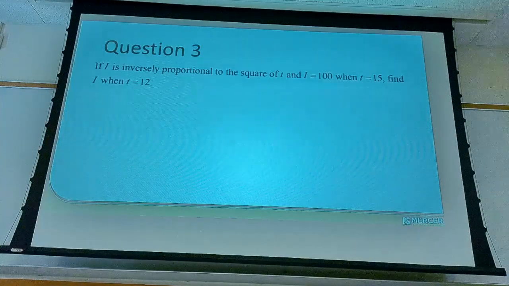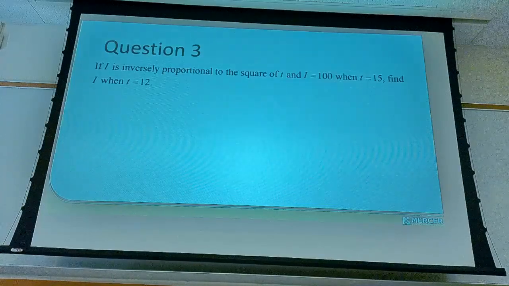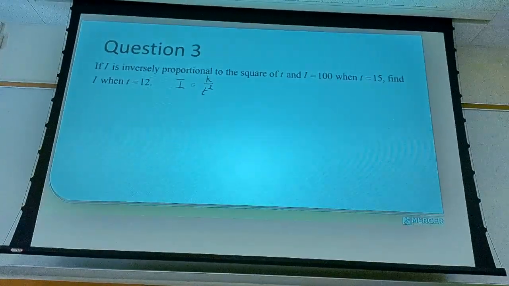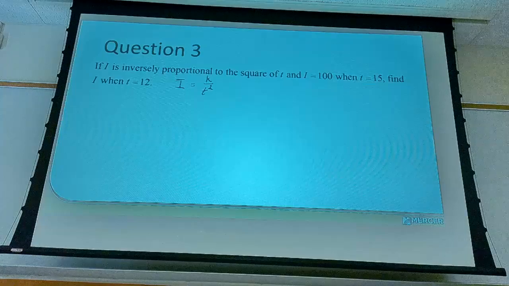I is inversely proportional to the square of t. I is 100 when t is 15.